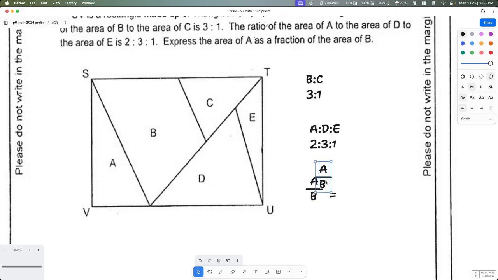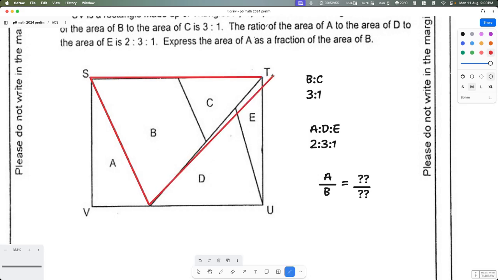If you have done this kind of question before, you might be able to solve this. As you can see over here, if I were to draw this line in red, any triangle with the base the same as the length of the rectangle is always half.